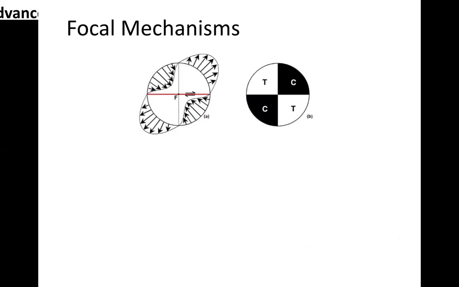So individual earthquakes can be expressed as focal mechanisms, or beach balls, which are stereographic representations of two mathematically equivalent fault planes over which slip occurred, and also indicate the type of slip that occurred. So in the example of the strike slip fault shown here, we have two equivalent fault planes.